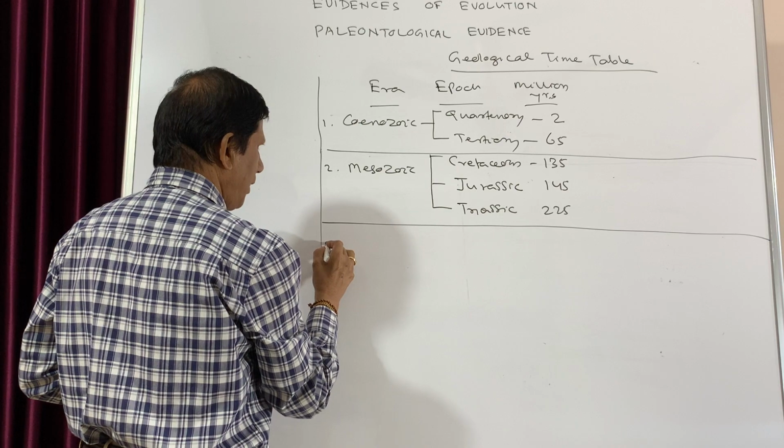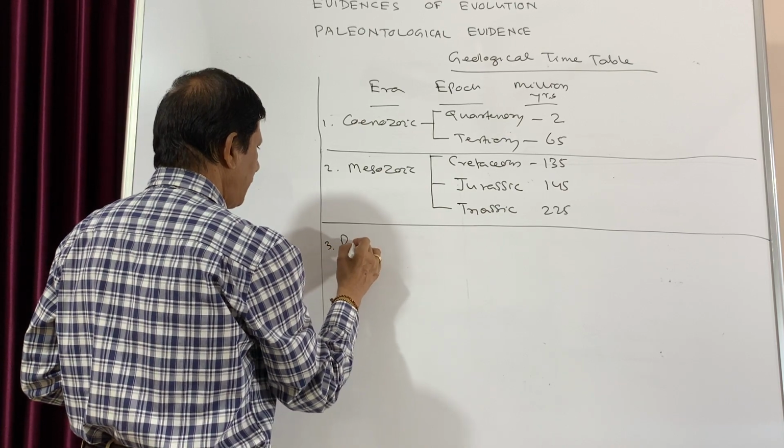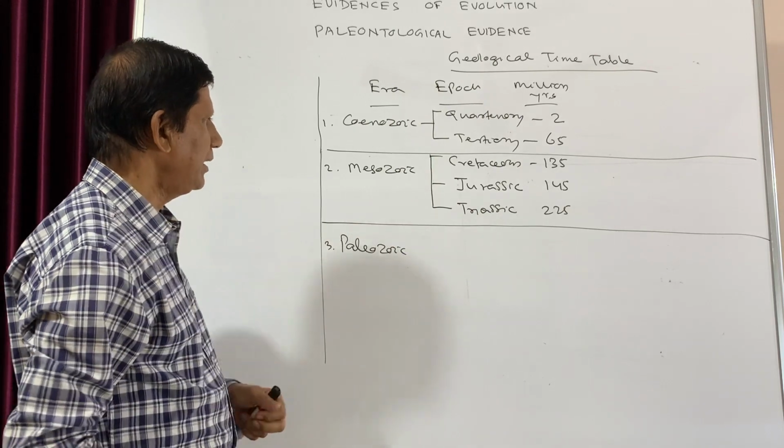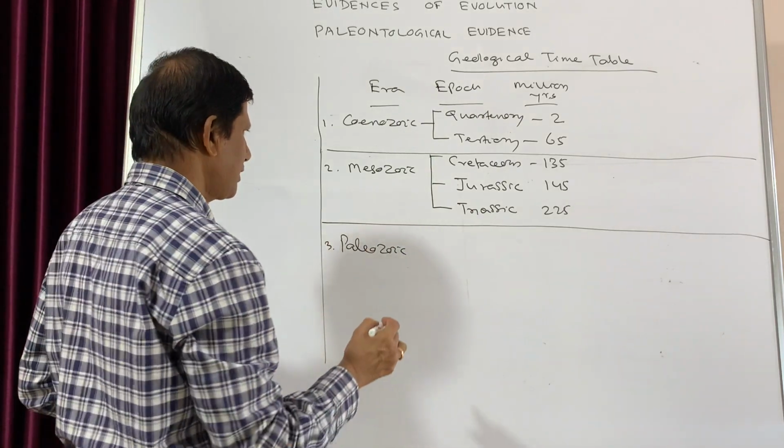Then the third one is Paleozoic. It has usually 6 epochs.